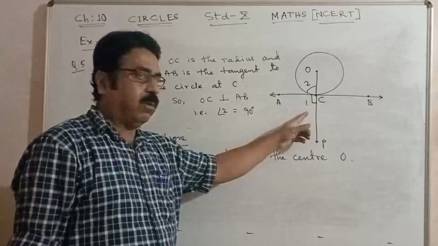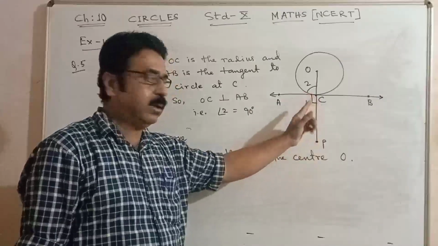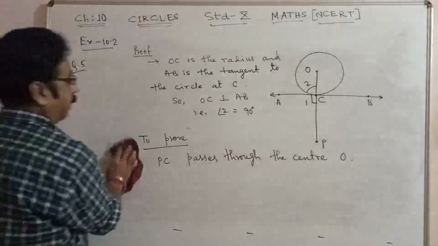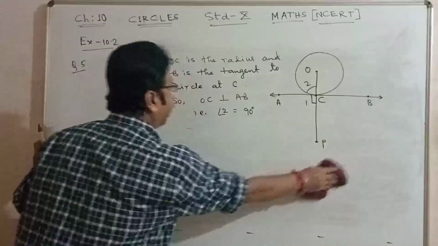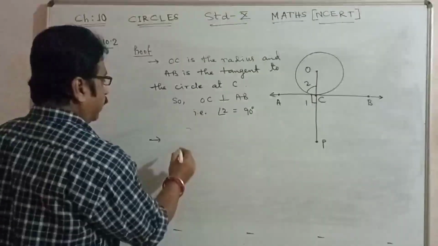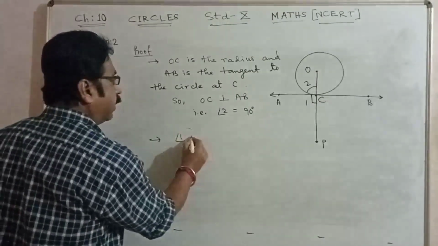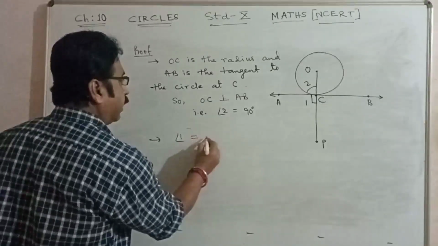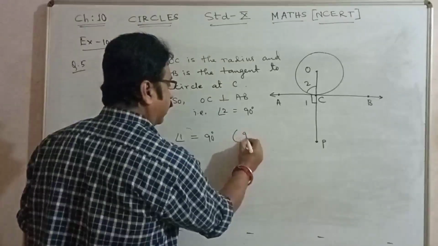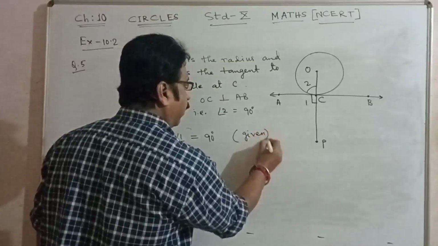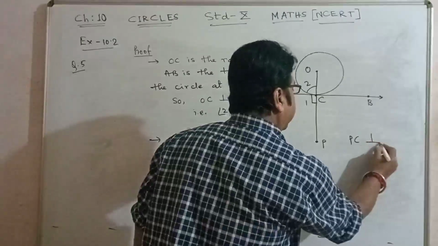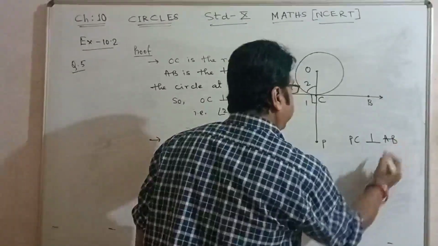Now angle 1 already it was given, it is perpendicular, so it was 90 degree. Angle 1 is 90 degree, it was given. Why? Because PC was perpendicular to AB.